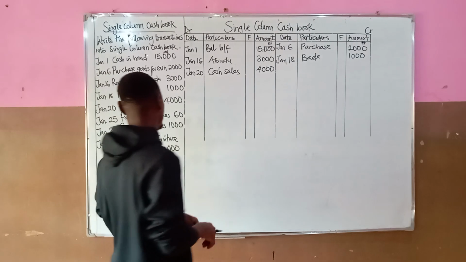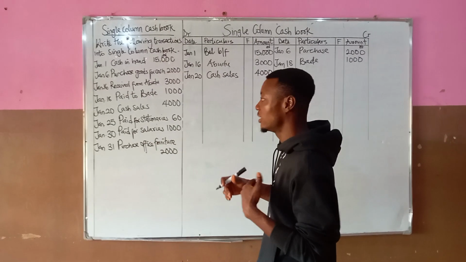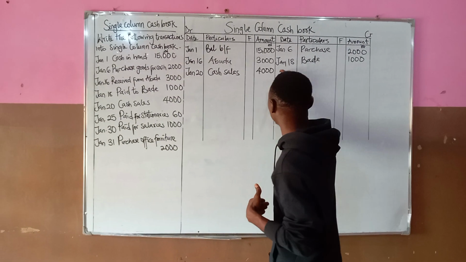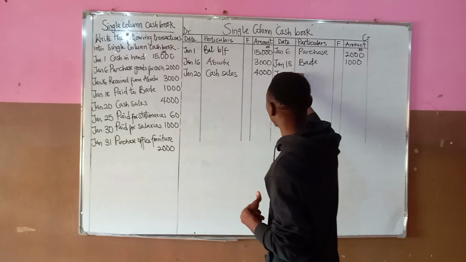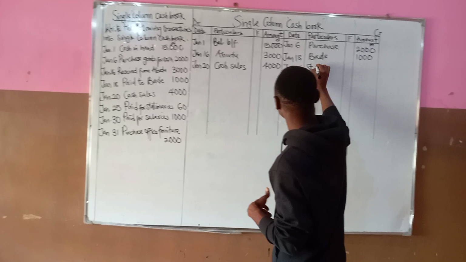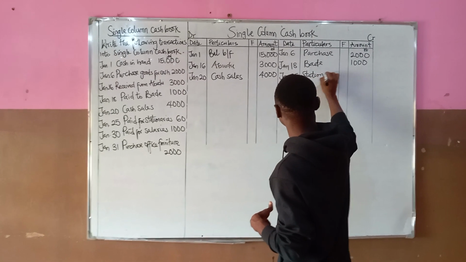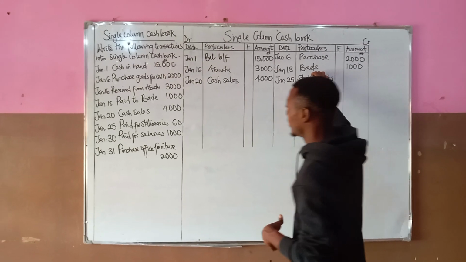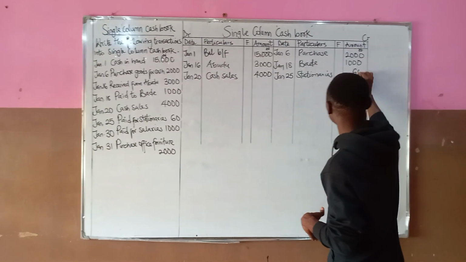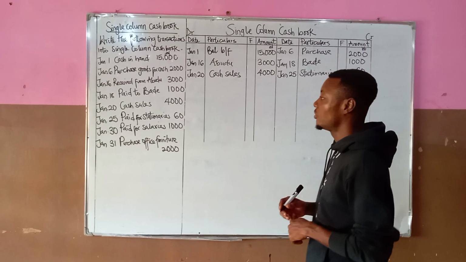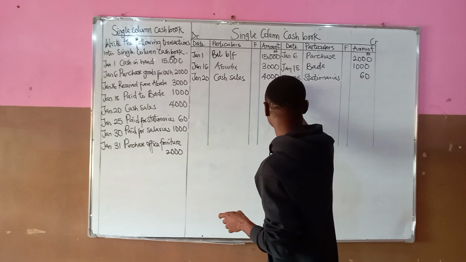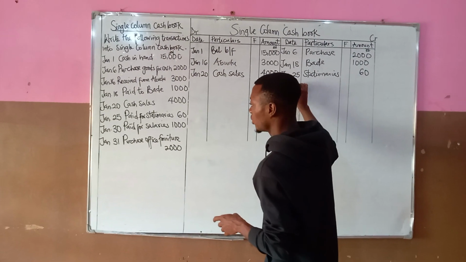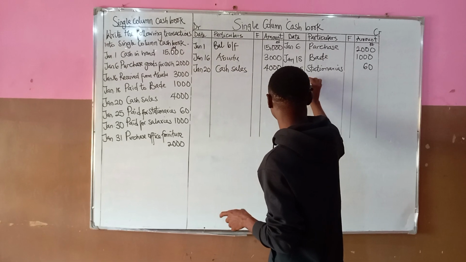Paying for stationeries is an expense because it's reducing the amount of money we have in the organization. So I'm recording it here. January 25, under our credit side, I'll put stationeries as my particulars, and that is 60 naira. Then January 30, paid for salaries, also an expense, because it's reducing the worth of the organization.